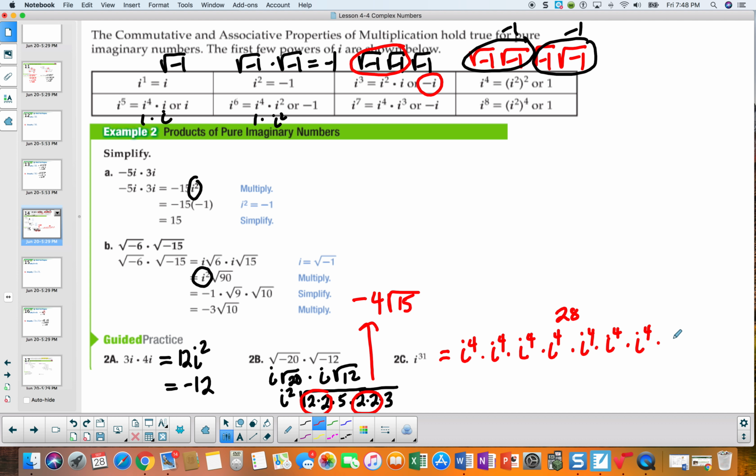And then I have i to the 3rd. And then these 28 i's plus 3 more i's are going to make i to the 31st. So we know all of these are all 1, and we know that i to the 3rd right up here is negative i. So the answer is negative i.